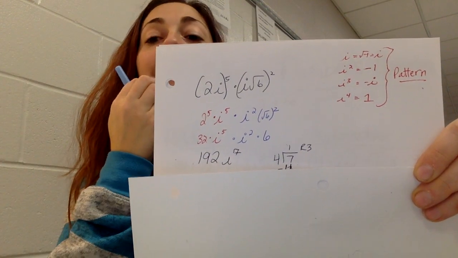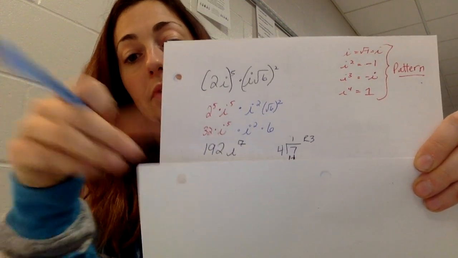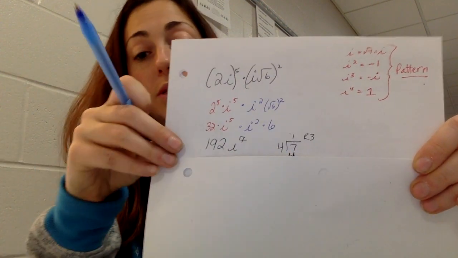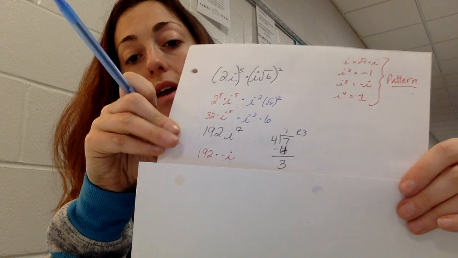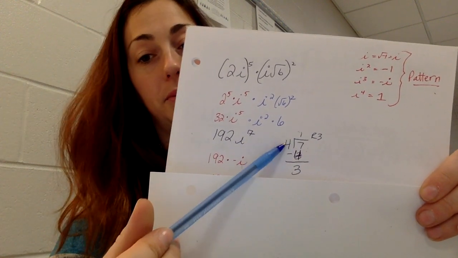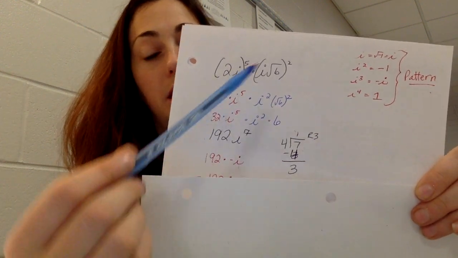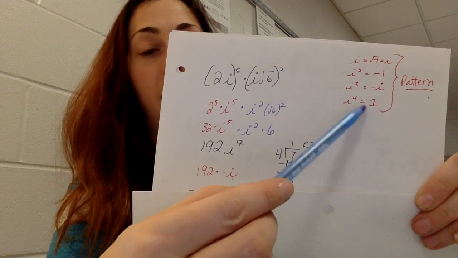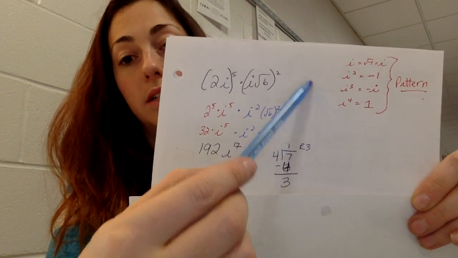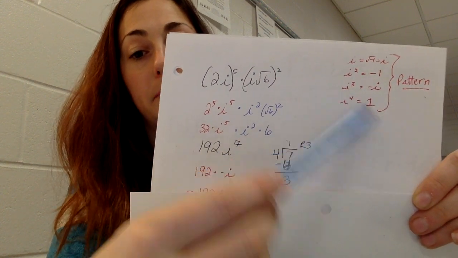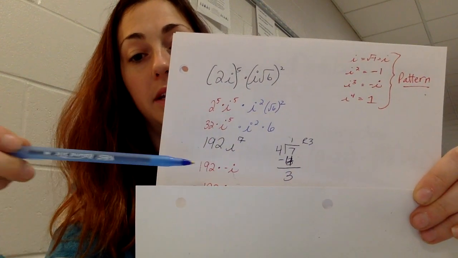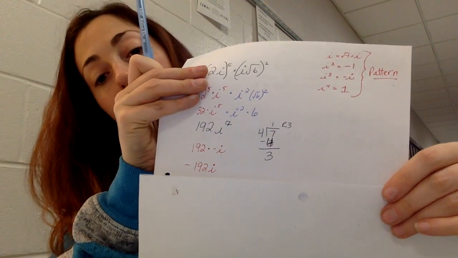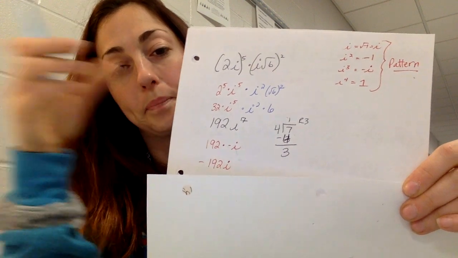How does that simplify? You divide 7 by 4. Let's use long division, and you get a remainder of 3. So basically, because it's 7, you're going to have i to the 4th, that's 1, times i to the 3rd, that's negative i. So 192 times negative i is negative 192i.